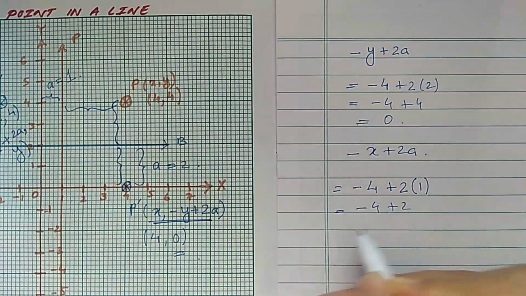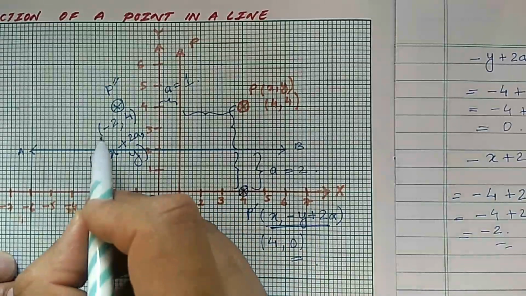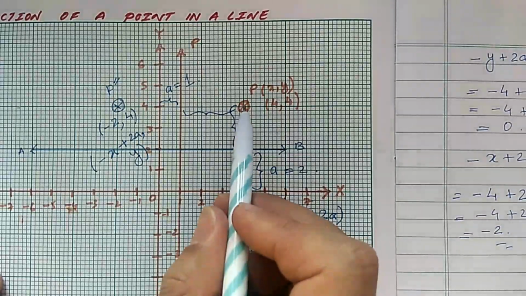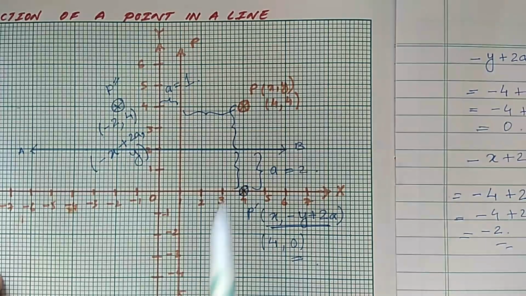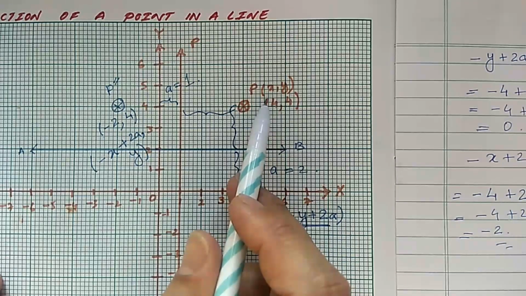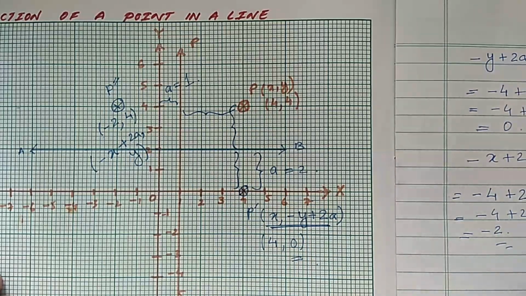Minus 4 plus 2 equals minus 2, which is the same as this one. So whenever the point gets reflected in a line parallel to y-axis, the y coordinate remains unchanged and the x coordinate becomes minus x plus 2a. We shall write that again later on the right hand side.